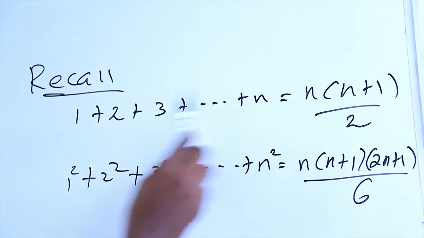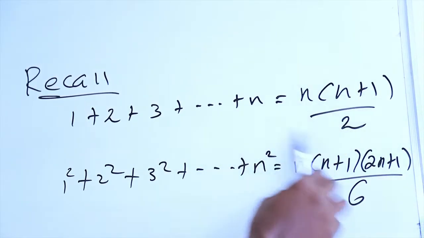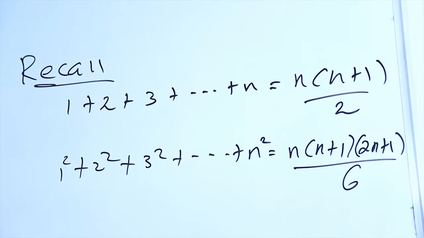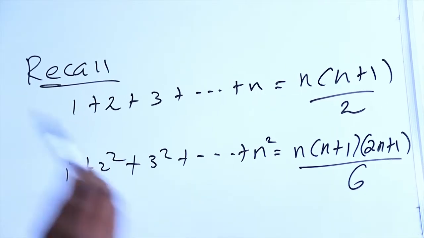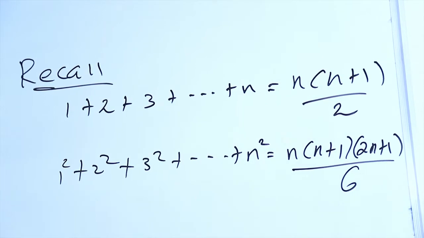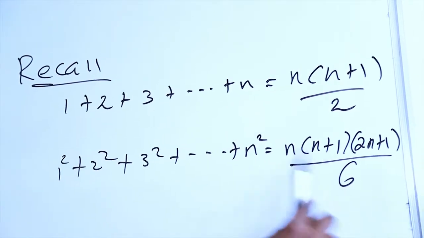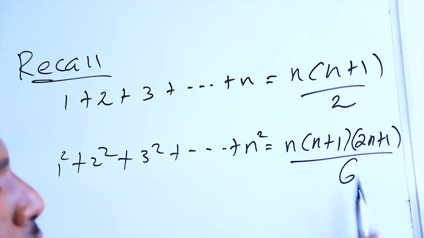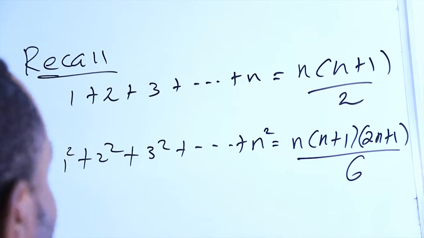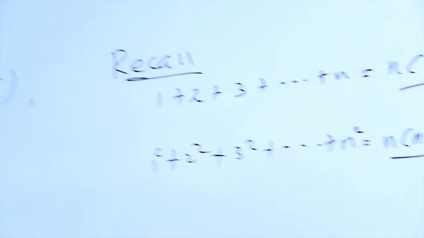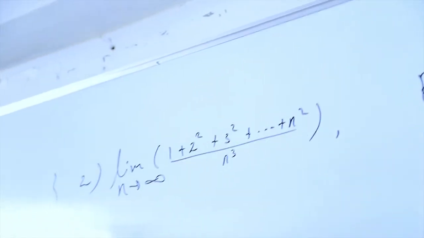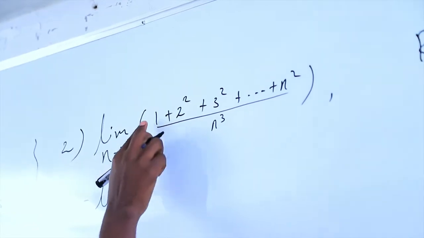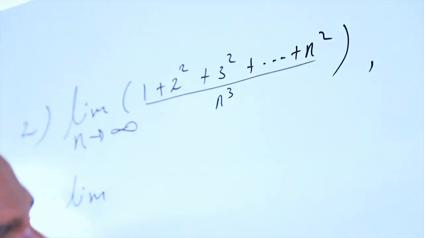The sum of the first n natural numbers is summarized as the formula n into n plus 1 over 2, and the sum of the squares of the first n natural numbers can be calculated as n times n plus 1 times 2n plus 1 over 6. So you have to recall the formula of this.